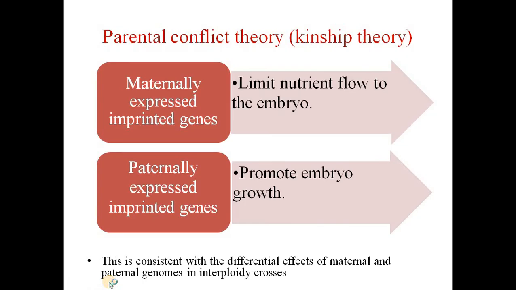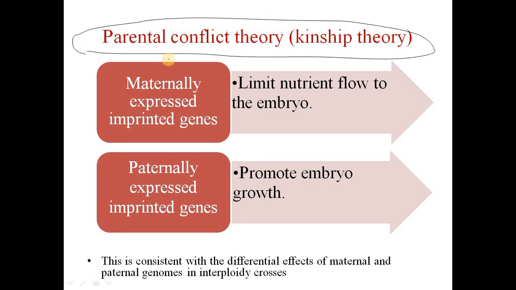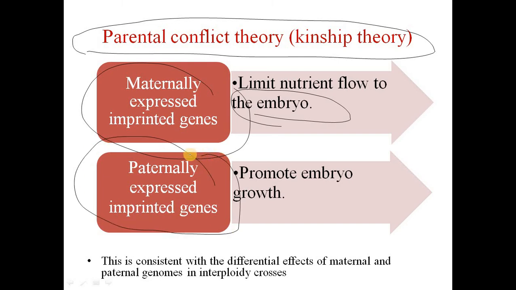This is one theory known as the kinship theory or parental conflict theory, where maternally expressed imprinted genes, whatever genes are imprinted from the mother, limit the nutrient flow to the embryo. But when the imprinted genes are expressed from the paternal component, from the father, they promote embryo growth.